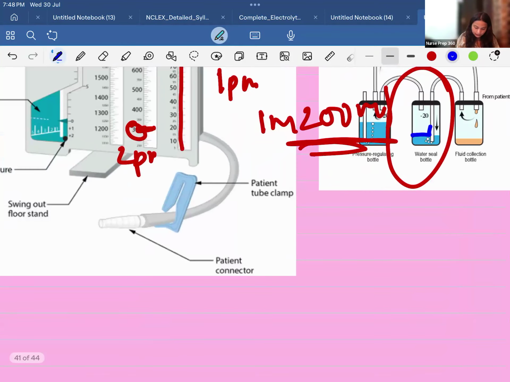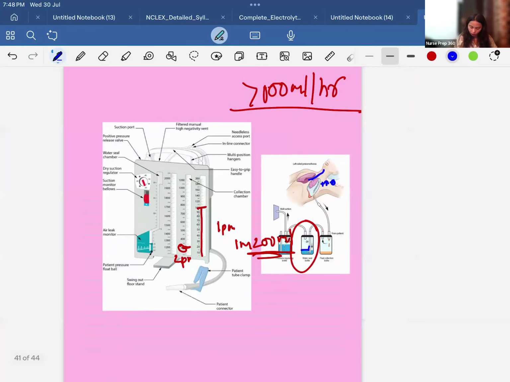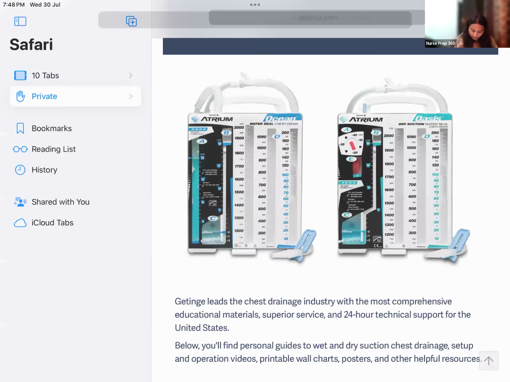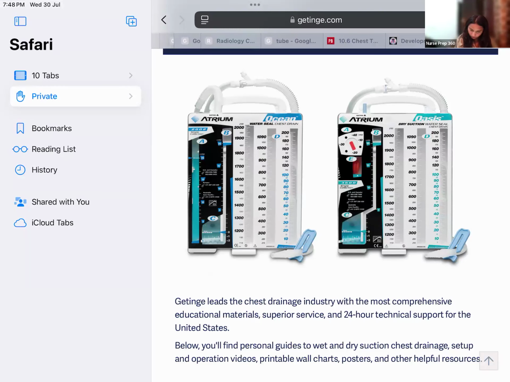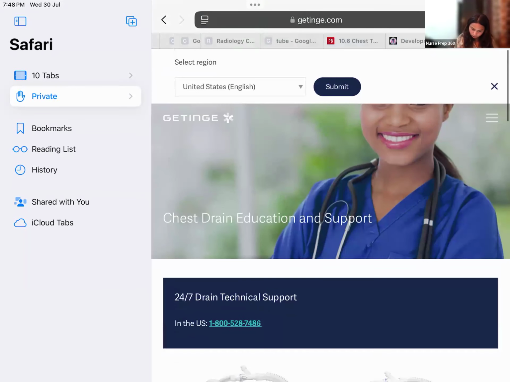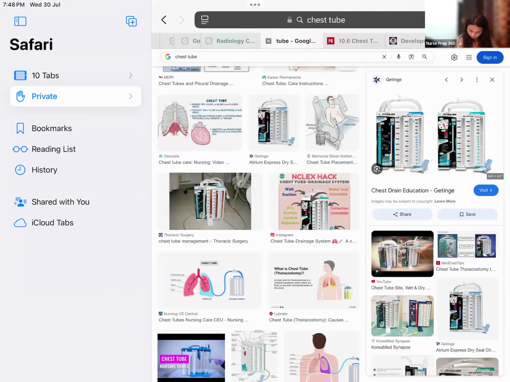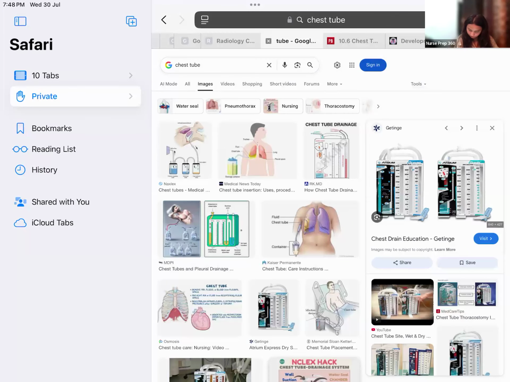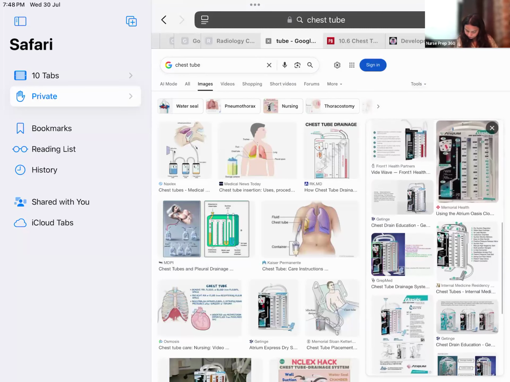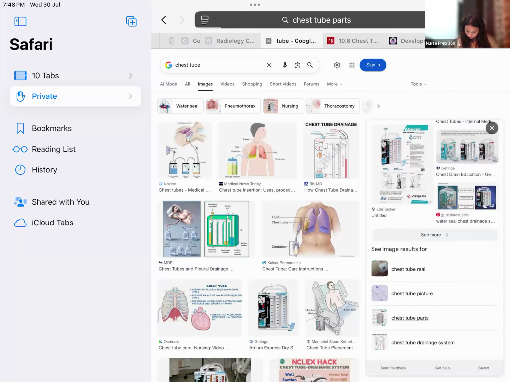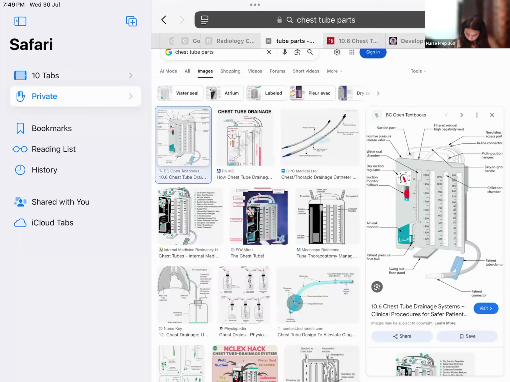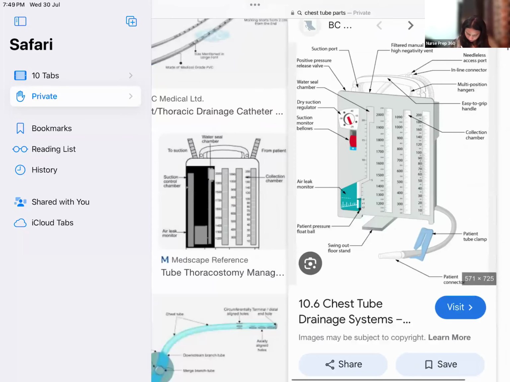Okay. Can you see this? There's a bottle. Wait, let me show you. Can you see the patient pressure float ball?